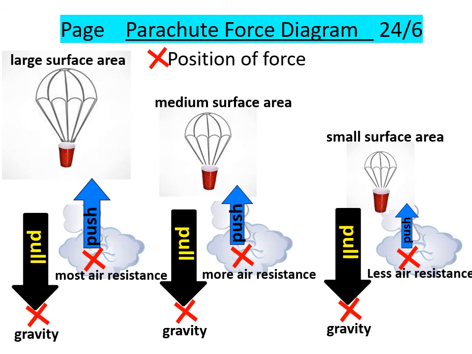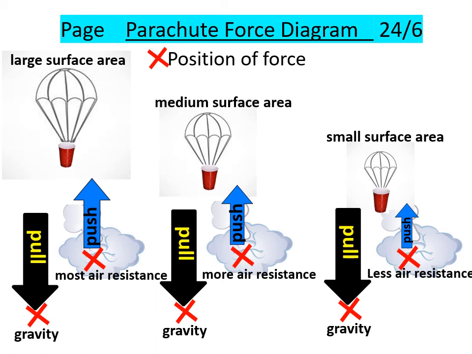Gravity was the stronger force and pulled the parachute down. Okay? And we observed and measured that the large surface area parachute stayed in the air the longest because it was able to trap the most air, which meant the most air resistance. But in every case, gravity was able to pull down the parachute, and so it was the stronger force.